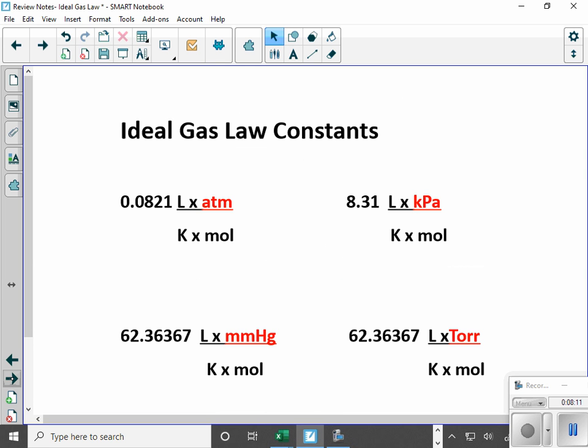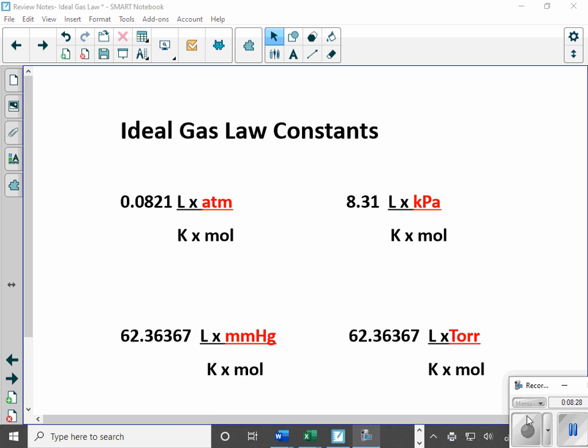Now, what I want you to do is, here are 4 different gas constants that you don't have in your notes. You need to write these down and make sure that you have the labels listed correctly.